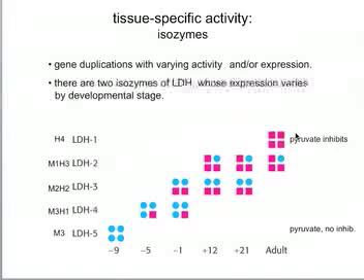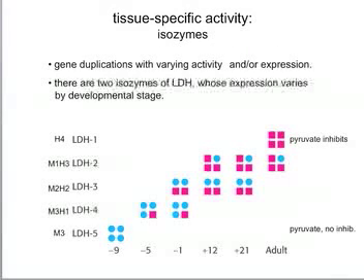Okay, so finally, let's tackle tissue-specific activation of enzymes, or tissue-specific activity, that is to say. And this is not so much changing the function of a particular protein, but it's changing the overall functionality by changing the identity of the protein that's present.